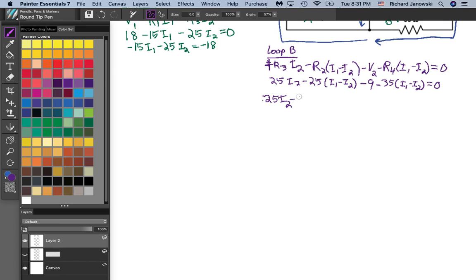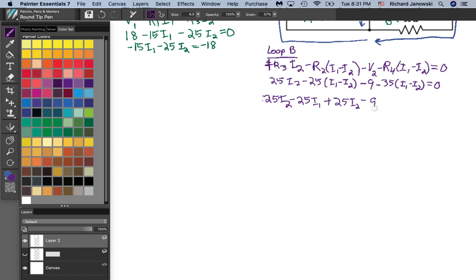25 I2 minus, all right, distribute this carefully. So minus 25 I1, and then minus 25 times minus I2 is actually going to give us plus 25 I2.